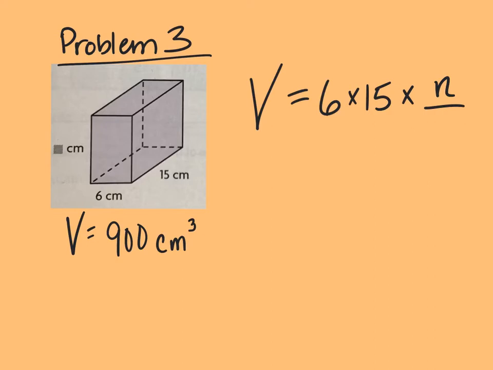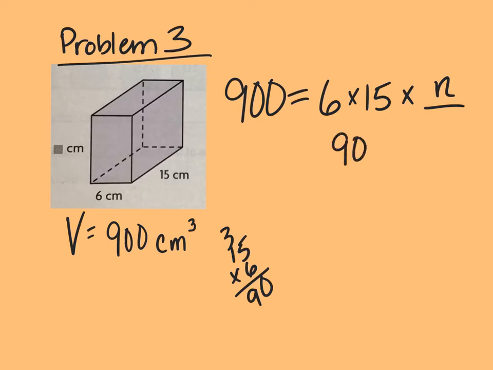So I can actually erase the v here. Okay, there you go. I erase the v, and instead I'm going to put in 900. So now I just have to figure out what the n is equal to. So I'm going to say, okay, what's 15 times 6? That's 90.